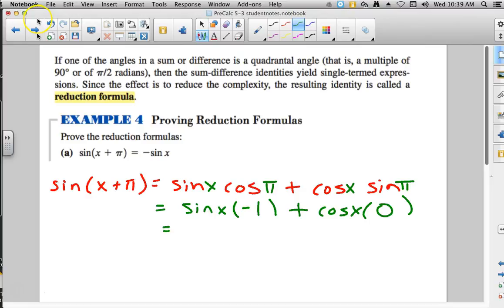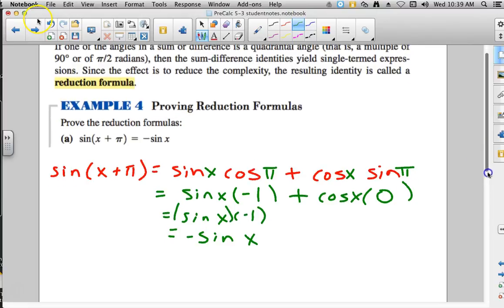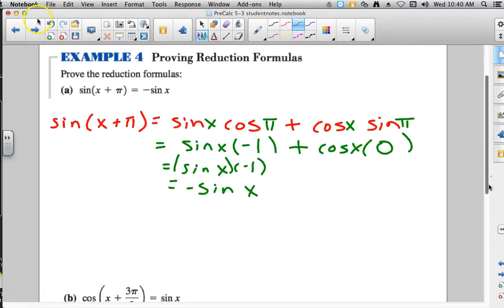So this is sine x times -1, but I shouldn't write it like that, should I? Pull it to the front. Exactly. Negative sine of x. Because this is supposed to be one term when we're doing this proof, and we were supposed to get negative sine x. So we want that out in front so we can see that.